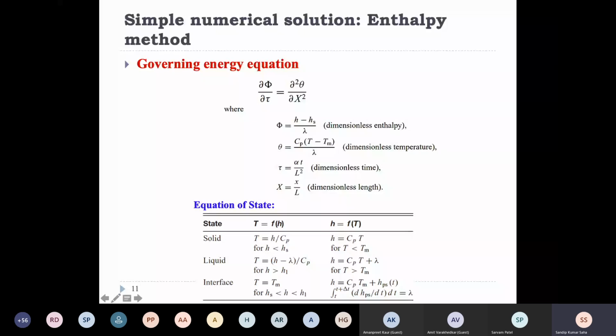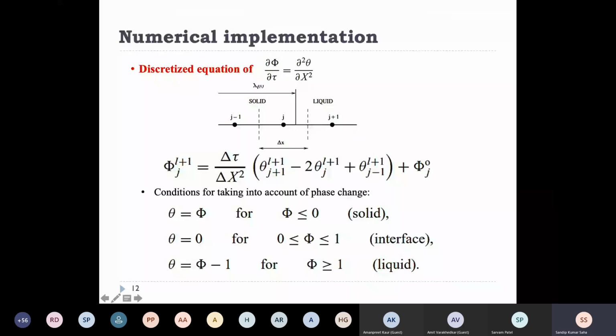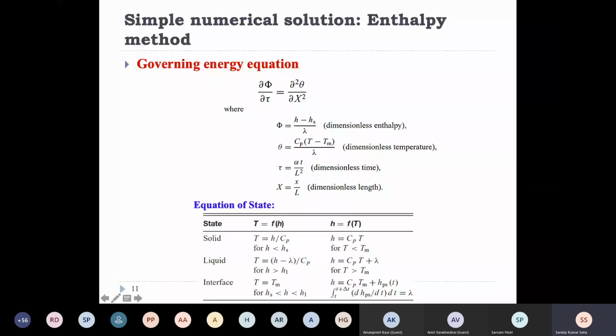Now how can you set this condition? You know that when the temperature is less than the melting temperature, if you go to this equation of state, it is very clear. When the temperature of the material is less than the melting temperature, then it is in the solid state.